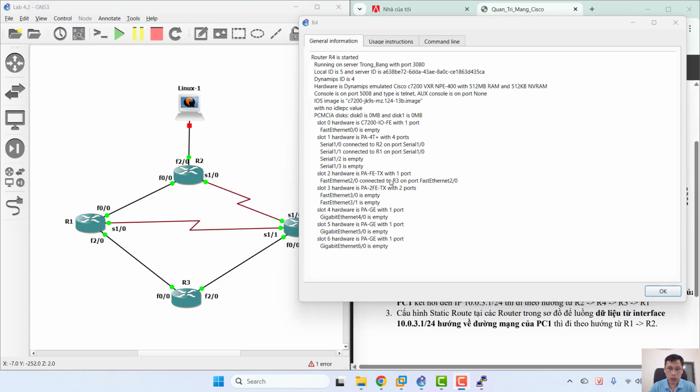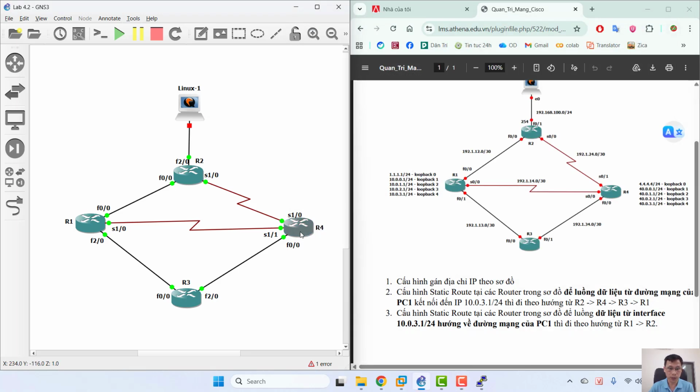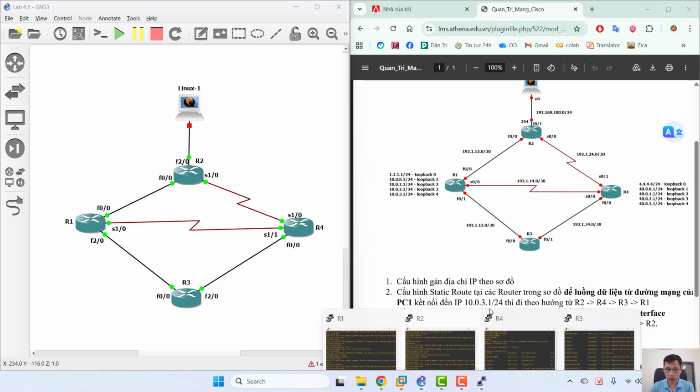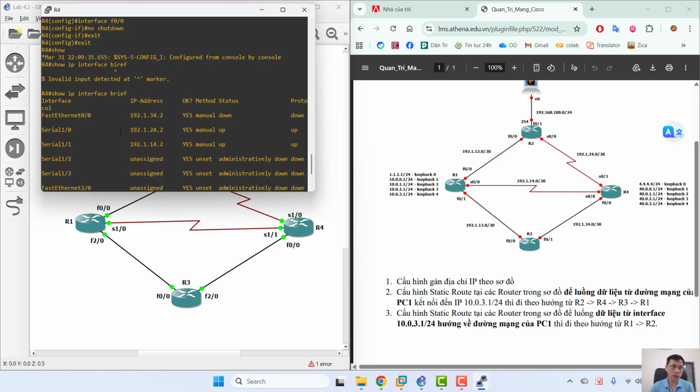Oh, I configured the wrong ports. This should be the other port. Okay, so I correct it. I go into router 4 again.